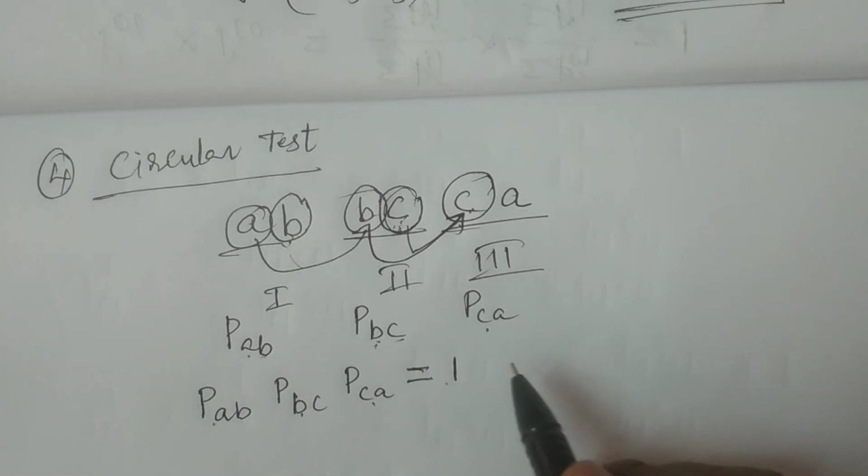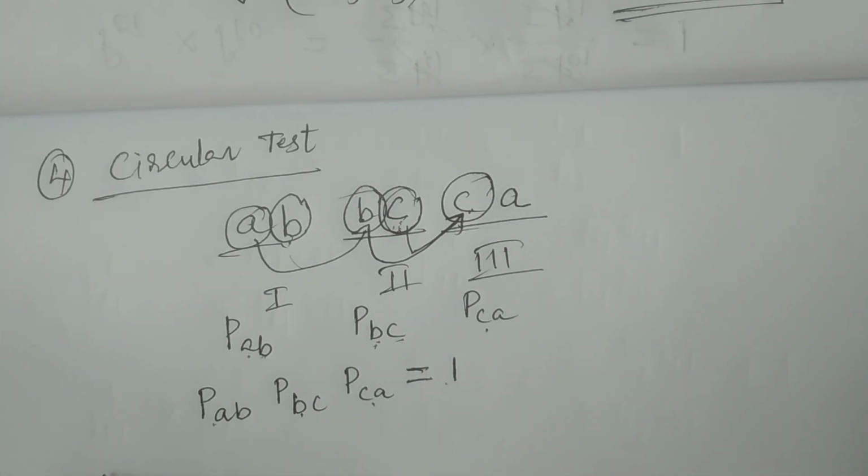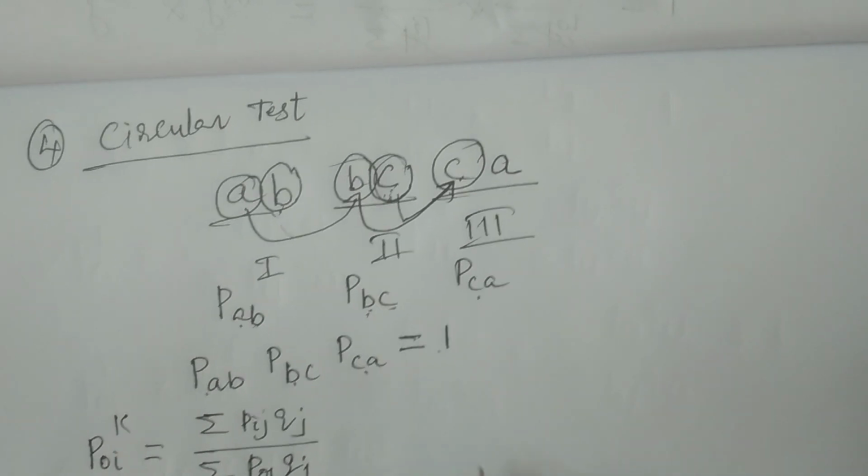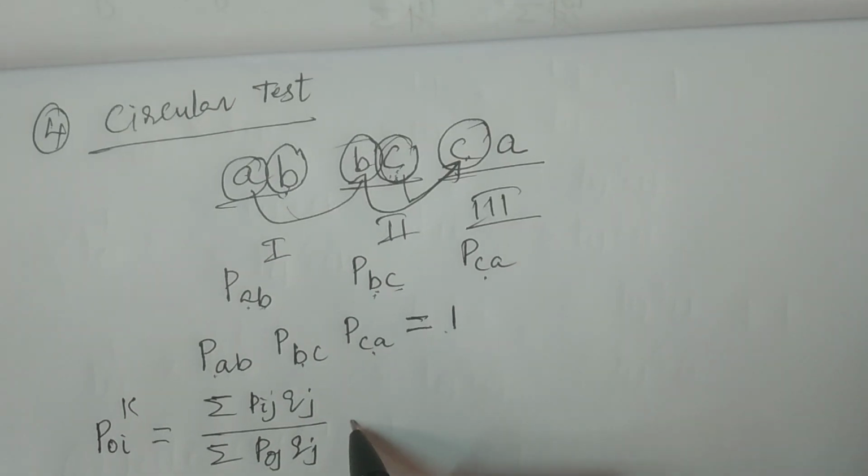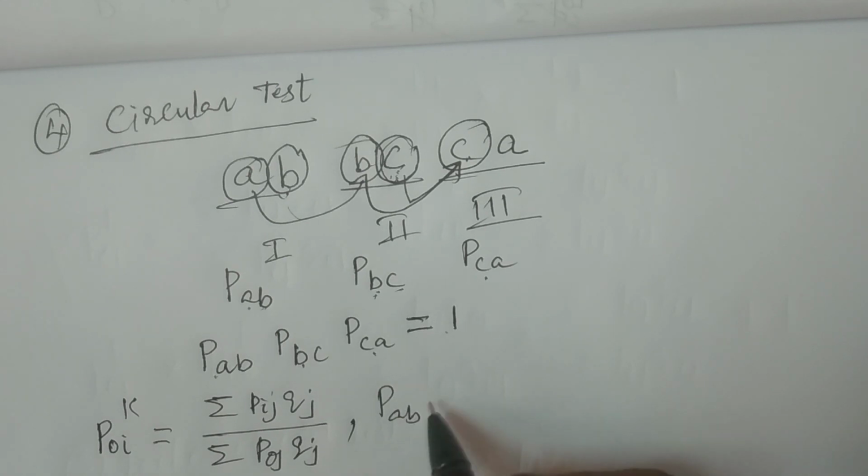What is Kelly's weighted index number? It is P0IK, which is summation Pij Qj divided by summation P naught j Qj. This is the formula.